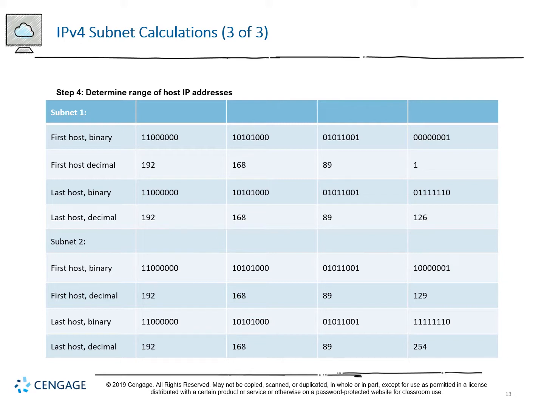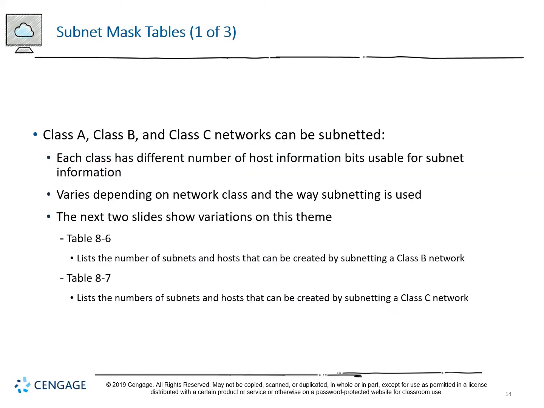Something you must remember, no matter how small you cut a subnet, you have to still leave room for the broadcast and network IDs at the top and bottom, your first and last address in the range. Your first and last host address have to be inside of that secondary measurement. We see here also the network ID for subnet 2 is 128, so the first host must be 129. And the broadcast would normally be 255, so the last host must be 254.